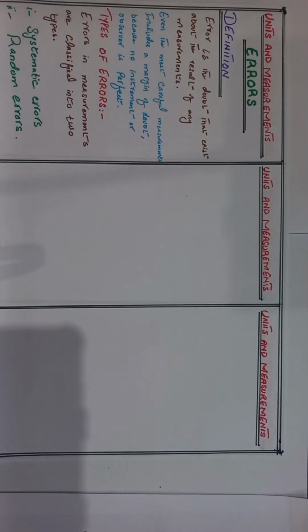Systematic errors are consistent and repeatable. So here we write the types of error.